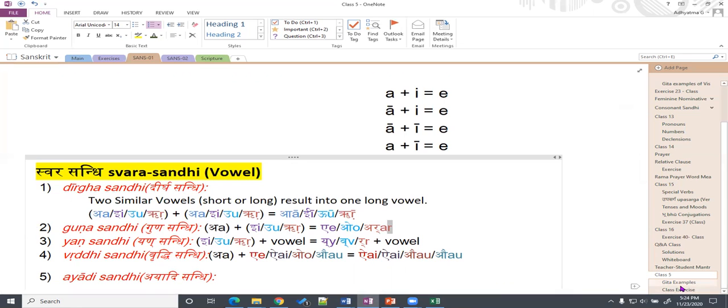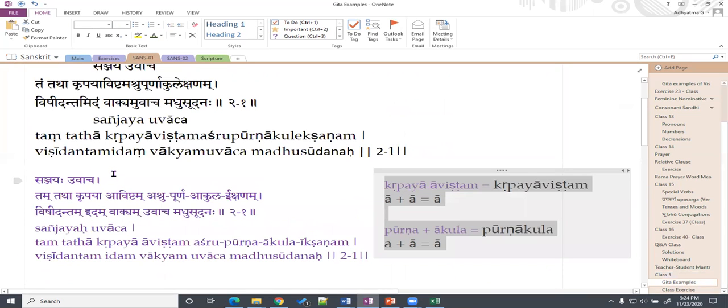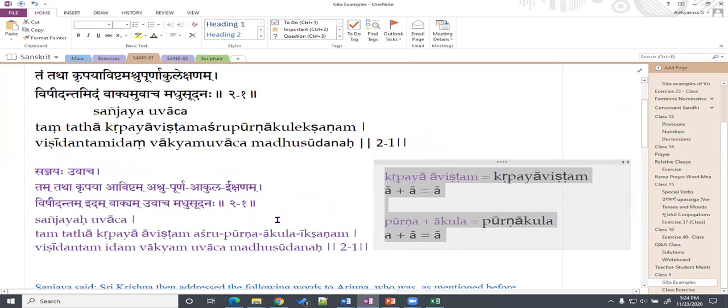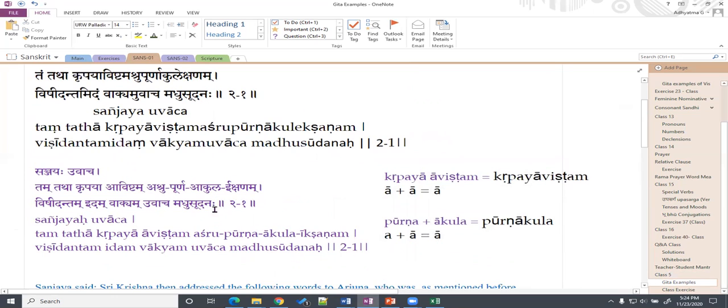So if you look at Gita examples, we have here akula ikshanam. So here akara plus ikara, it will become akulekshanam.